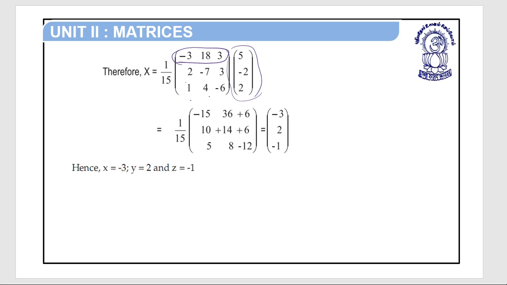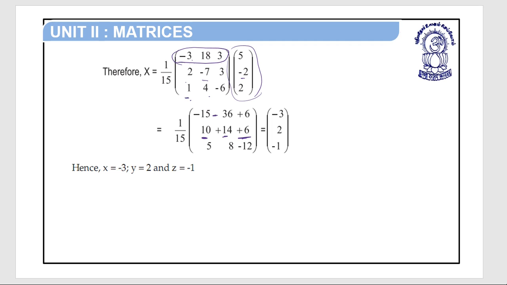Row multiplies with column. So the first row multiplies with the first column, here the column is only one. Minus 3 into 5 is minus 15, 18 2s are 36 minus 36, giving minus 15 minus 36 minus 30, which is minus 15 minus 45. Second row: 2 5s are 10, minus 7 minus 2 is plus 14, plus 3 2s are 6, so 10 plus 14 plus 6 is 30.